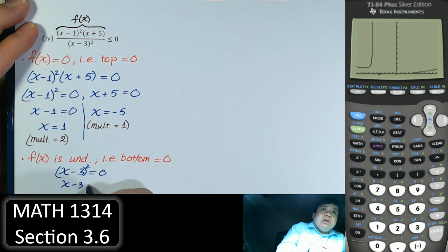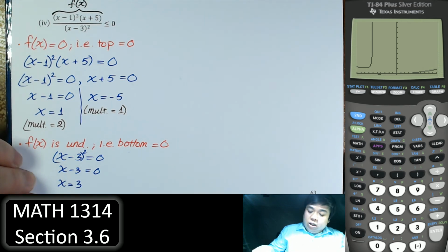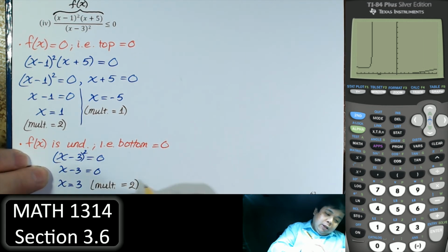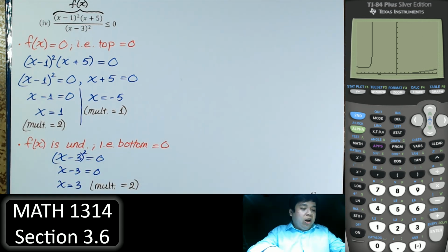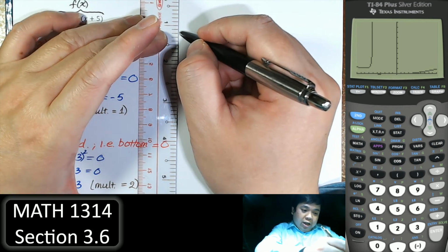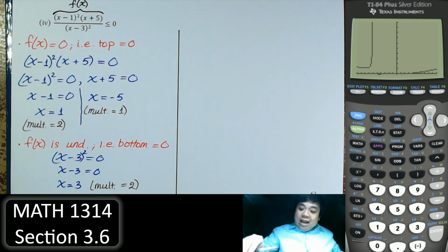So x minus 3 equal to 0, so x equal to 3, and this is multiplicity of 2. Right, so we find where the function is undefined, we find where the function is equal to 0. The other possibilities left are negative and positive.